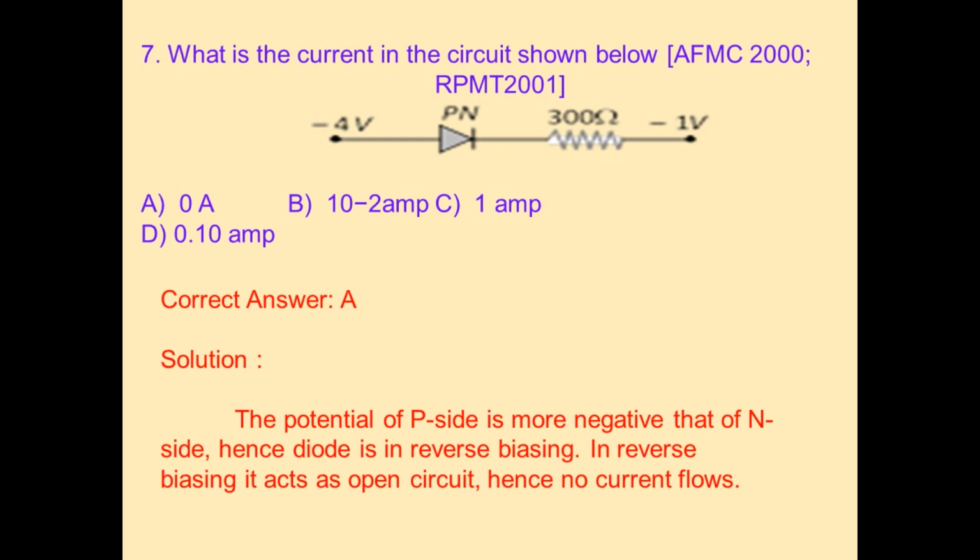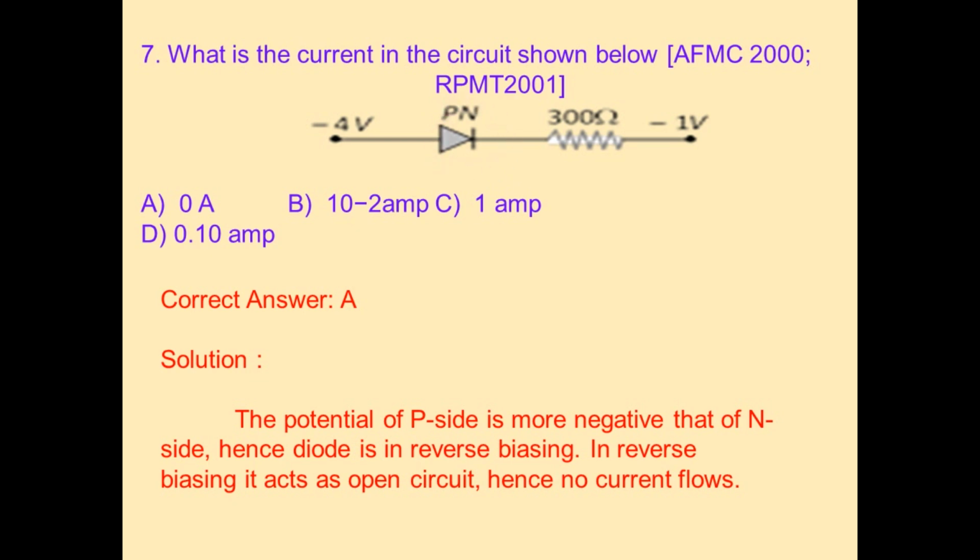The P side is connected to minus 4 volts and N side is connected to minus 1 volt. So, minus 4 is lower potential than that of minus 1 volt. So, the P-type semiconductor is connected to lower potential and N-type semiconductor is connected to higher potential. So, the diode is in reverse bias condition.